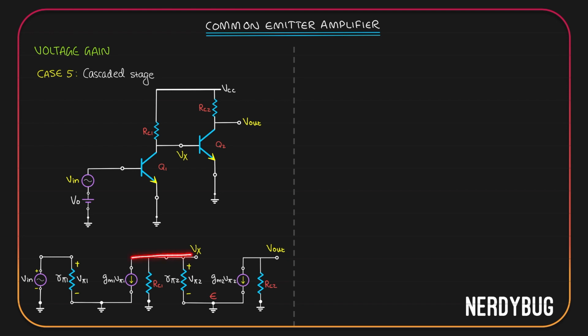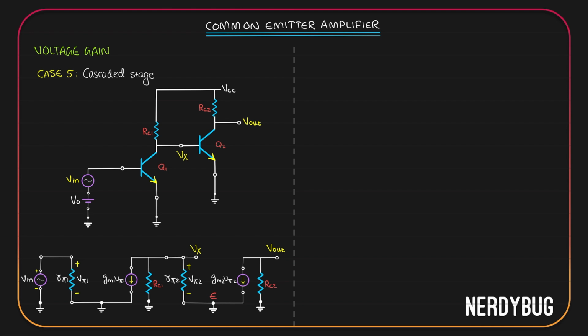This is the collector of that transistor. This is its emitter, which is basically the ground. Between the collector and the emitter, we have RC1 and we have R pi 2. They are in parallel. So the gain of the first stage is not going to be just minus gm RC, it is going to be minus gm RC parallel to R pi 2.